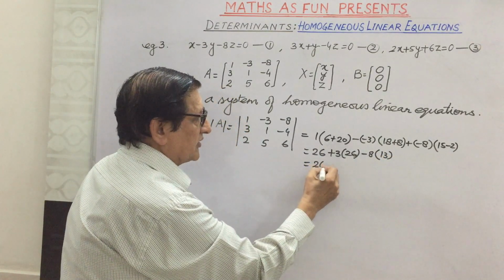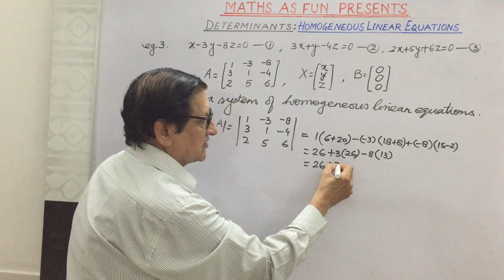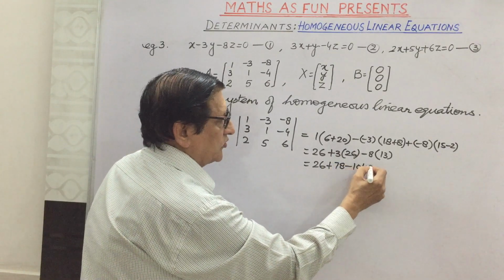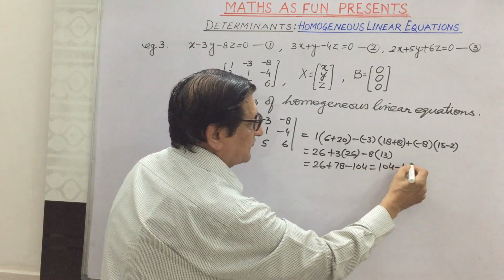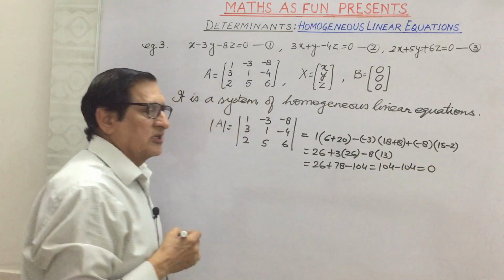Simplifying, we get 26 into 3, 78 minus 104. It is 104 minus 104, it is equal to 0.